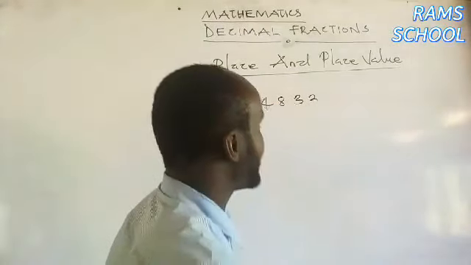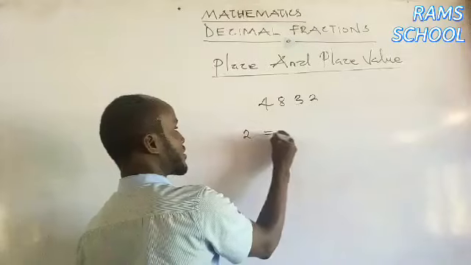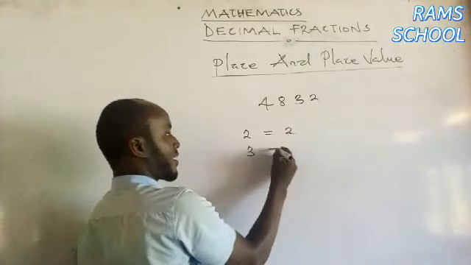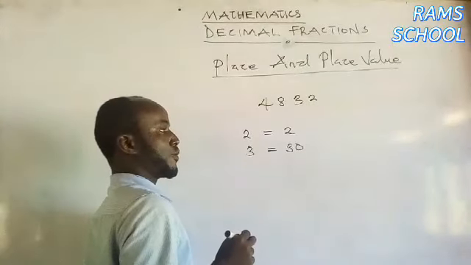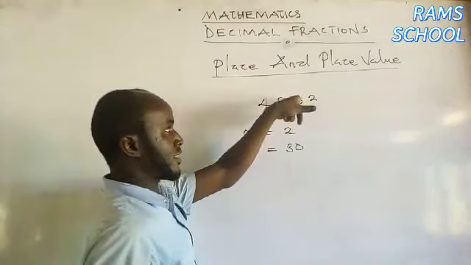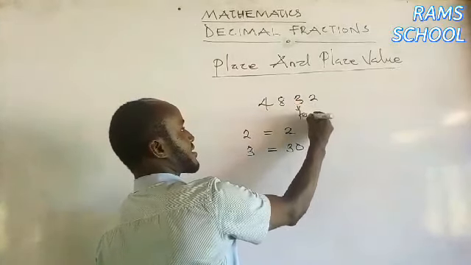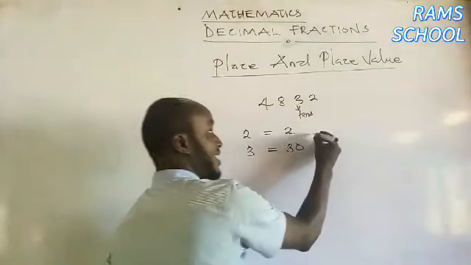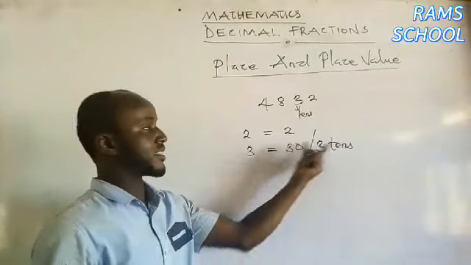The place value of 2 is 2. The place value of 3 is 30. As we all know, we just multiply the 3 by the tens because 3 is in the tens place. So the value will be 3 tens. 30 or 3 tens, they are the same.